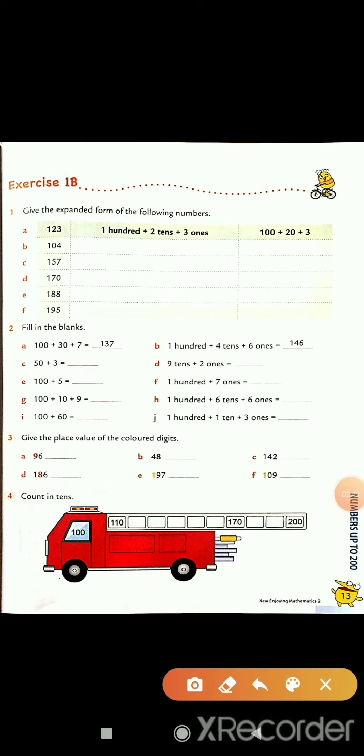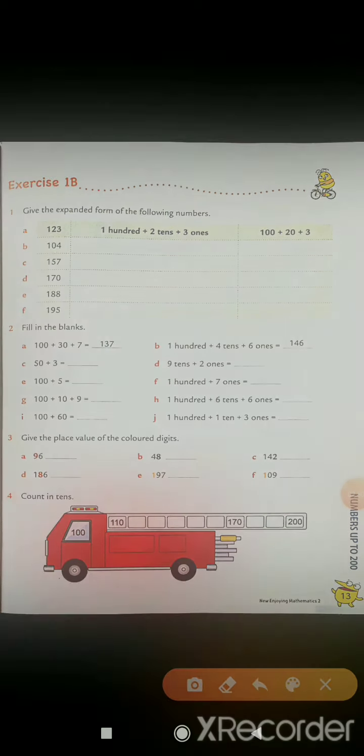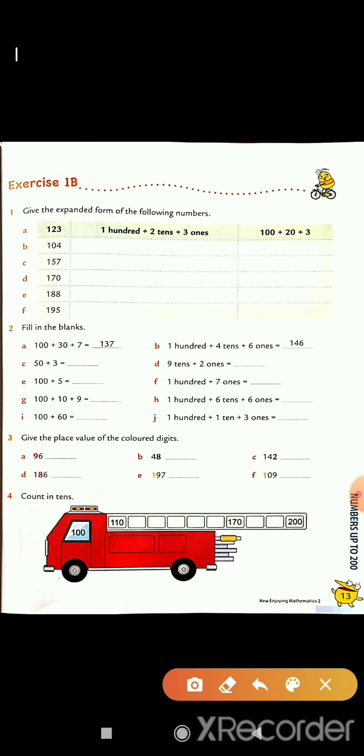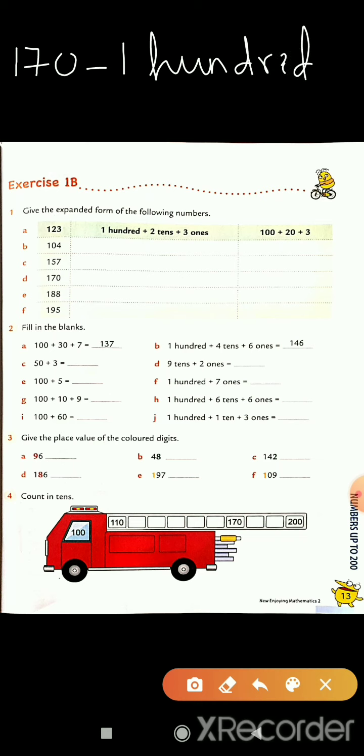In the same way, next one, the number is 170. So it can be written as 100 plus, in the place of tens 7 is there, so 7 tens, plus in the place of ones 0 is there, so 0 ones.